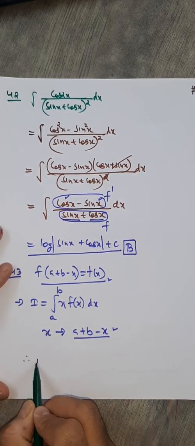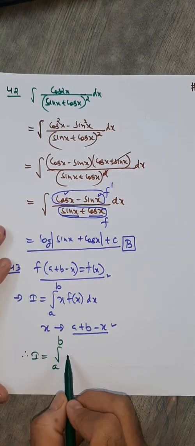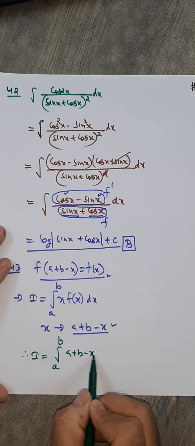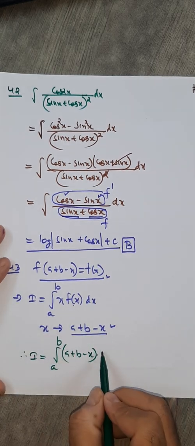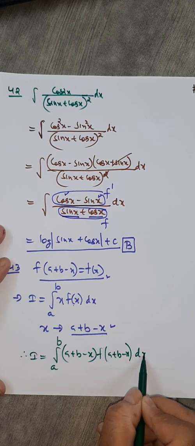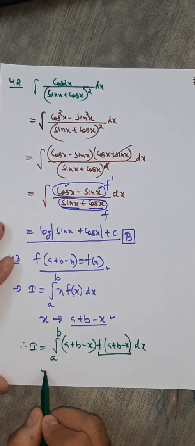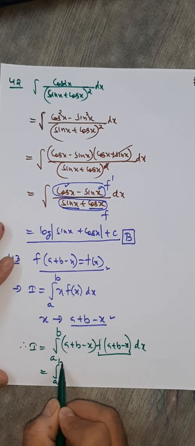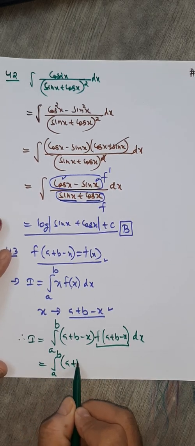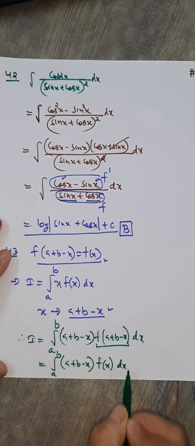So again I equals integral a to b of a plus b minus x into f of a plus b minus x, but in turn this is the same as fx.